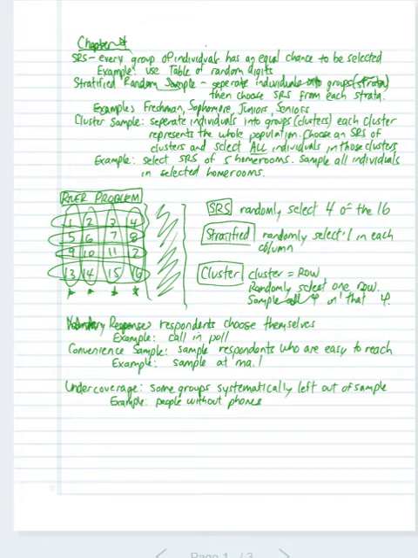Okay, now let me move to a new page here, and we'll get to the non-sampling errors, which of course have nothing to do with choosing the sample. They're present even in a census. So remember that these terms are referring to situations where the sample has already been selected. Okay, and that's why it's a non-sampling error.